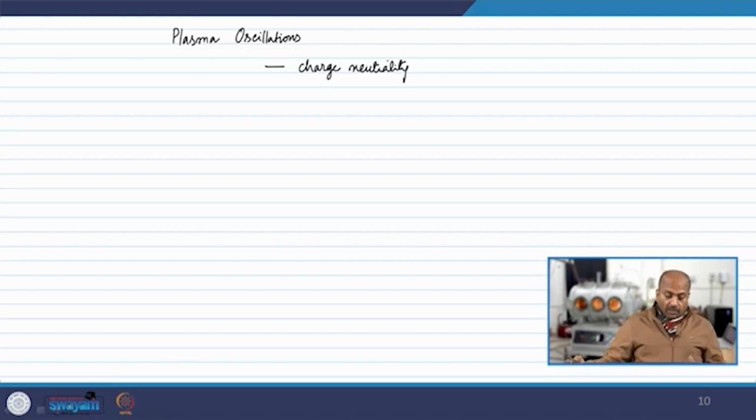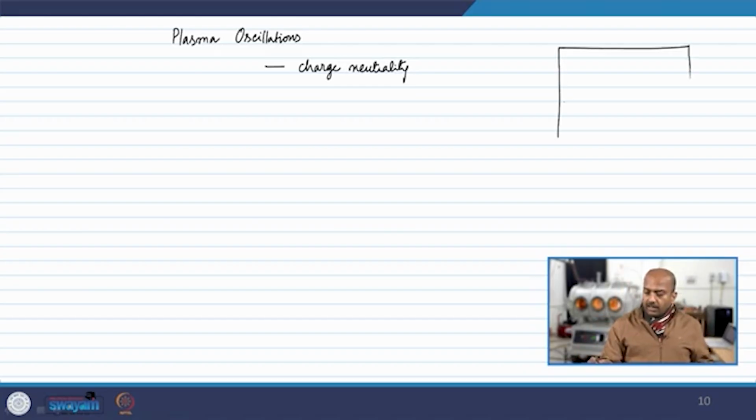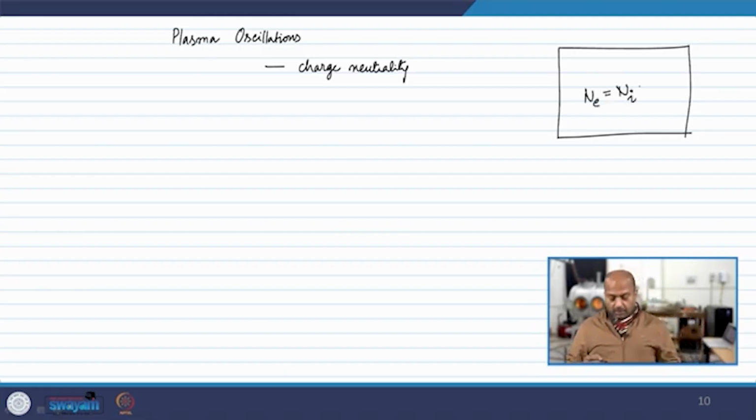So what are plasma oscillations? Let us say we take a plasma in which there is ideally an equal number of electrons and ions, wherein the number of electrons is equal to the number of ions. Electrons represent the total population of negative charges and ions represent the positive charges. We are considering only the positive ions.